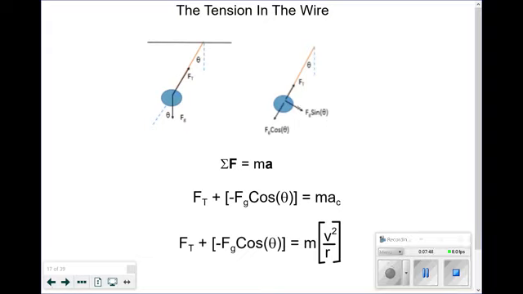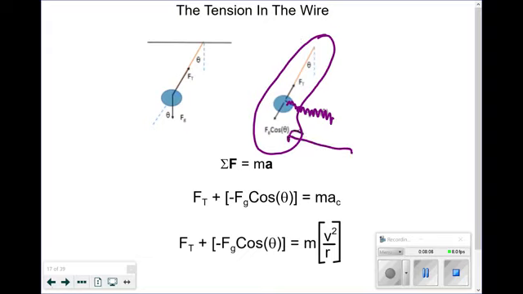I'm not going to worry about the Fg sine theta right now because that is along a different axis of interest. I want to focus on the tension force, so I do have to look at Fg cosine theta. And since net force must equal ma, I can say that the tension force plus the vector value of this Fg cosine theta must equal m a_c.